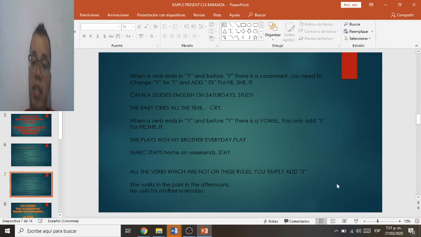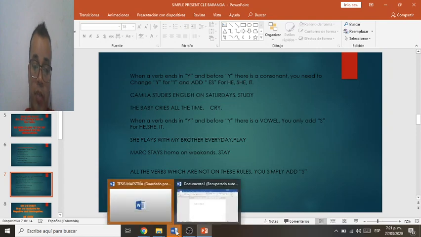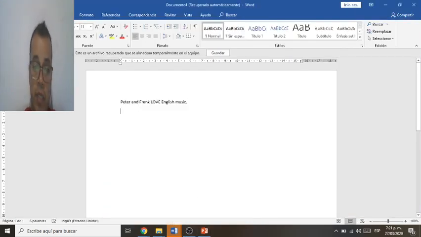Now, we have here a special rule. When a verb ends in Y and before Y there is a consonant, you need to change Y for I and add ES for he, she, or it. El verbo termina en Y y antes de la Y hay una consonante. Esa Y la cambio a I latina y le voy a agregar ES. For example, study.